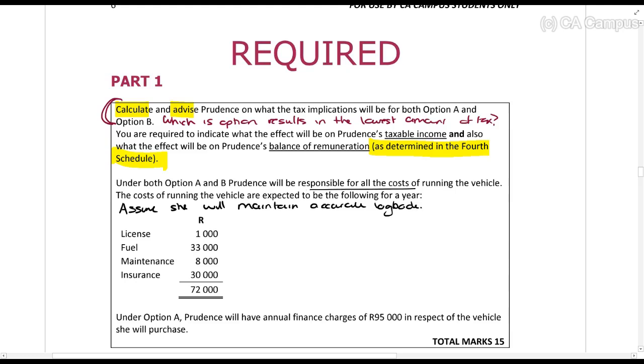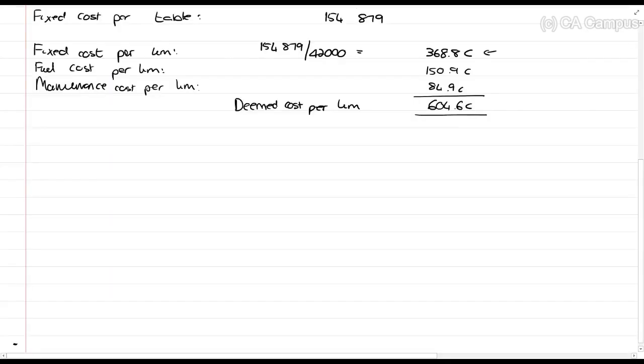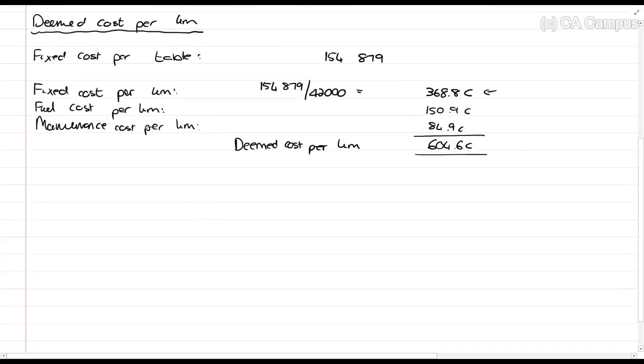Okay, so license, fuel, maintenance, insurance, all of these costs are allowed to be deducted for a travel allowance or taken into account. So let's do it over here. Here we calculate now the actual cost per kilometer.